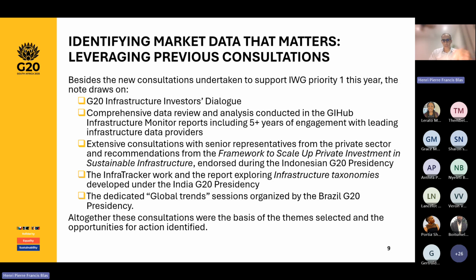I'm not going to go through them. The G20 regularly interacts with investors, and we discuss with the G20 members quite often. There are also a few documents that have been written, but never entirely focused on data. So this was the first year where we tried to look at the market data angle solely and see what we could do.